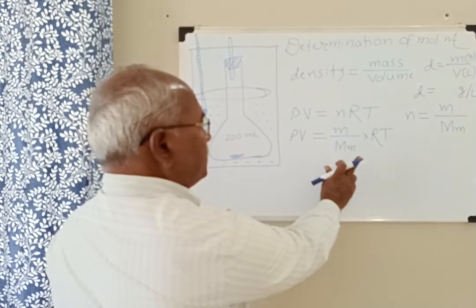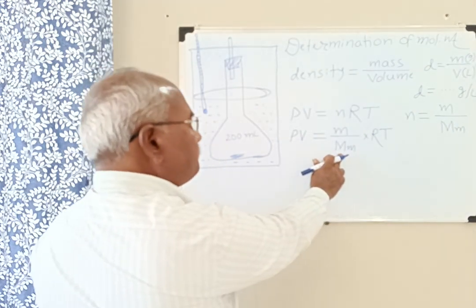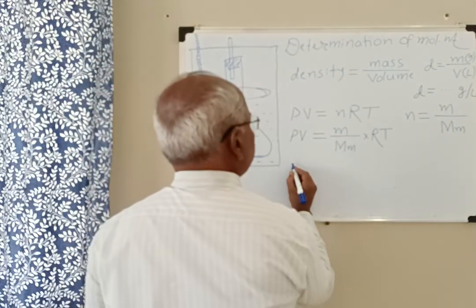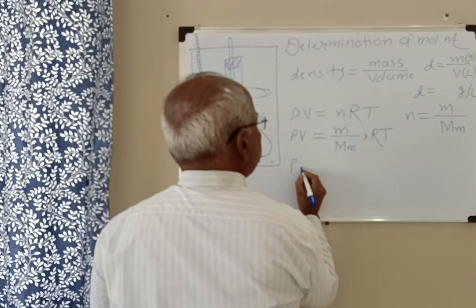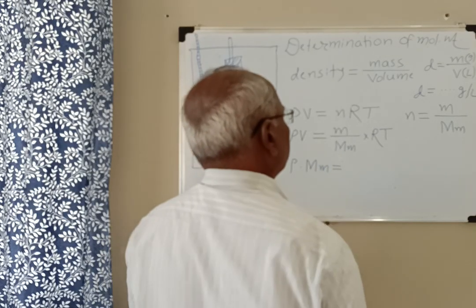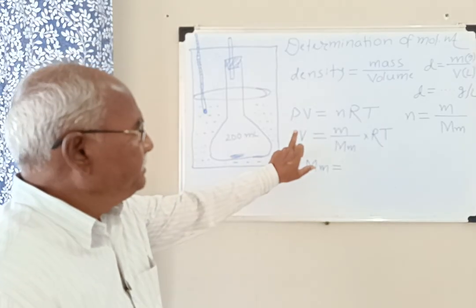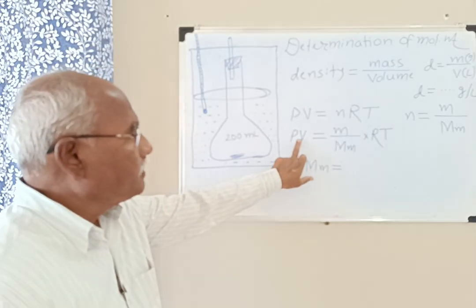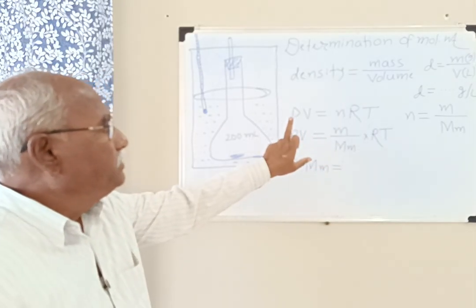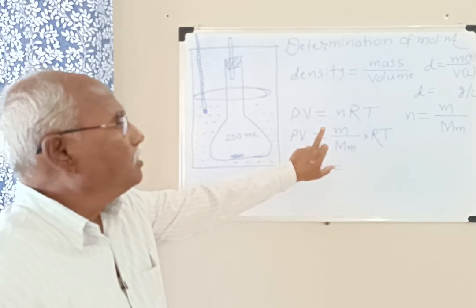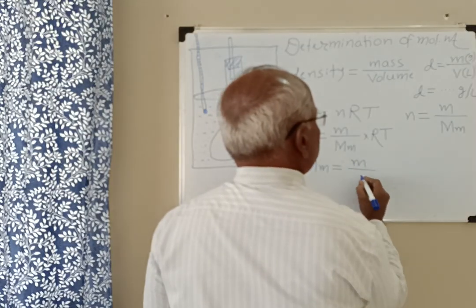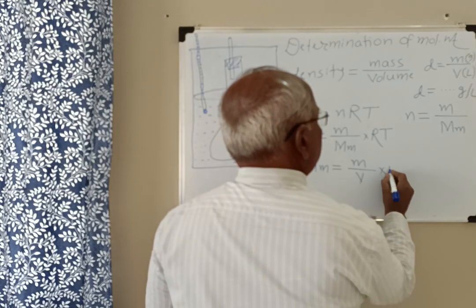Now, this denominator I take on left hand side. Therefore, the equation is P into MM is equal to... Now, take this V. This is denominator. Take denominator on left hand side. Take this numerator on right hand side. Therefore, m upon V into RT.